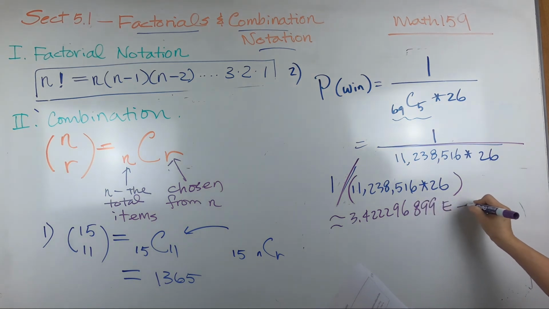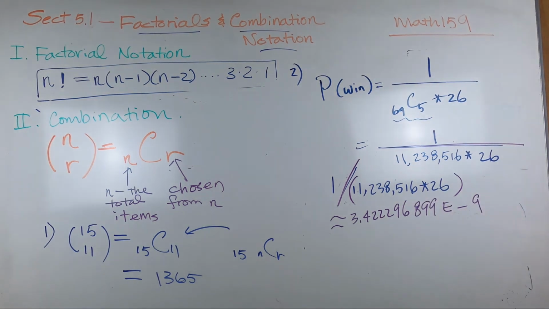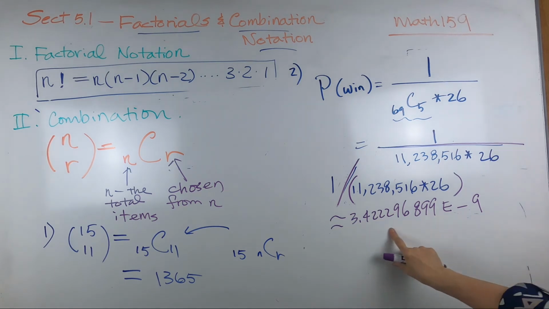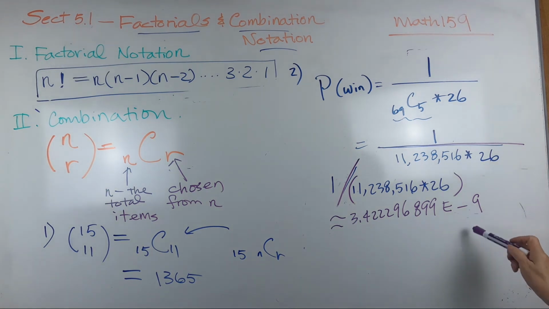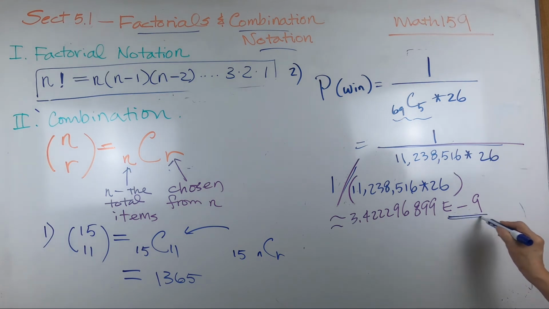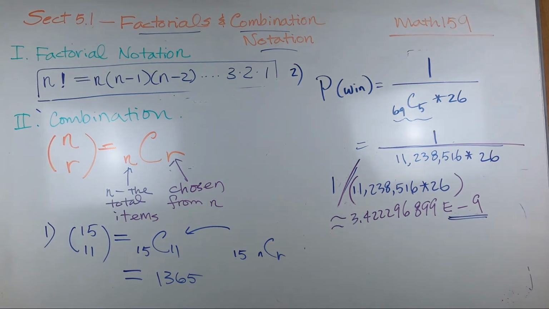422296899 e to the negative 9 on your calculator, because it only has so many digits it can display, right? And negative 9, remember at the beginning of the class, we talked about what e negative 9 means. For the actual number, you have to move your decimal left or right.